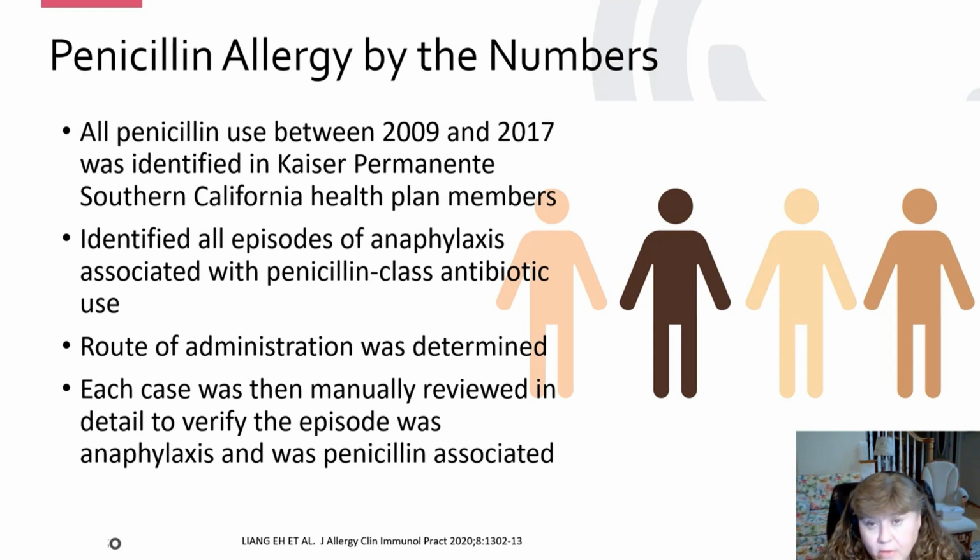And of all the courses of penicillin that were written, they identified all the episodes of anaphylaxis that were associated with penicillin class antibiotic use. They looked at the route of administration, and each case was then manually reviewed in order to verify that each case had anaphylaxis and that a penicillin derivative antibiotic was in fact used.